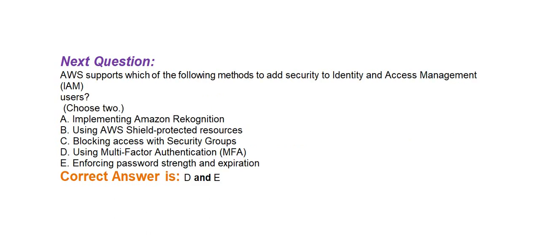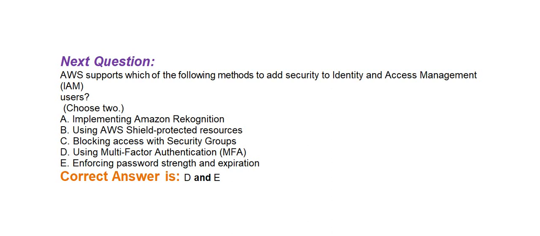Next question is, AWS supports which of the following methods to add security to identity and access management IAM users? Choose any two options. Option A, implementing Amazon Rekognition. Option B, using AWS sealed protected resources. Option C, blocking access with security groups.